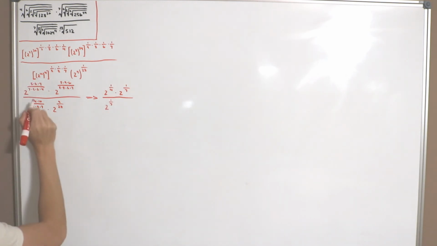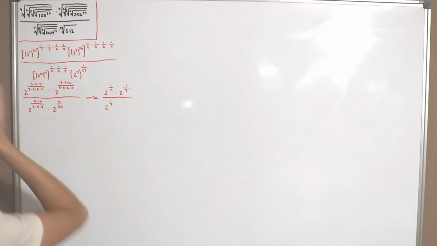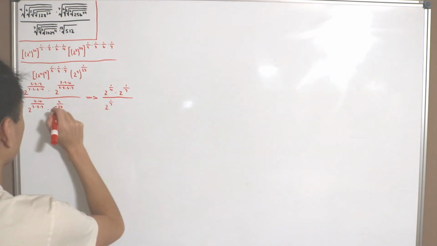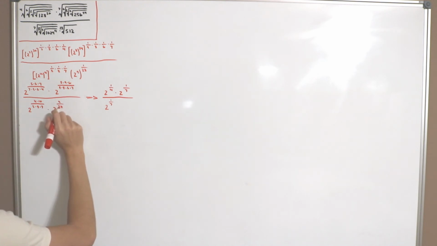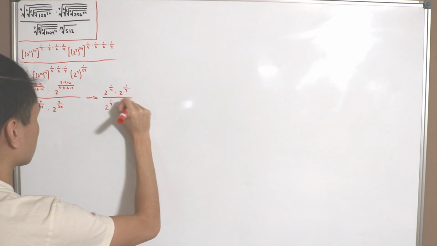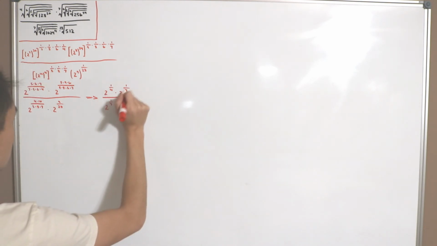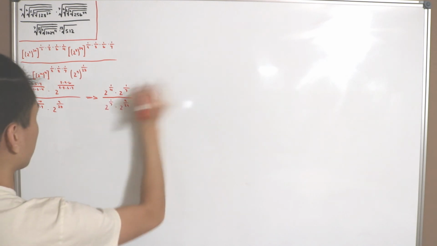In other words, if you just multiply this out, you get 40 divided by 280, and that simplifies to 2 to the power 1 over 7. And then over here we have 2 to the 9 divided by 28. Now we see that the 1 over 7s with the base 2 cancel.